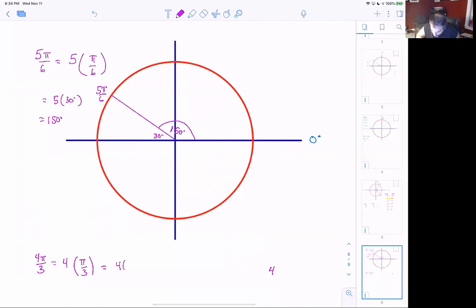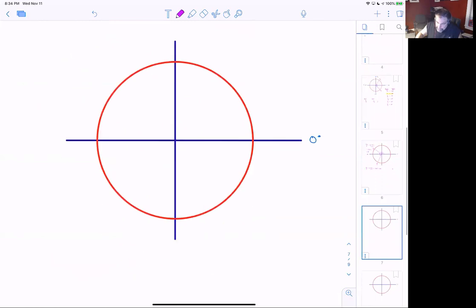So this is really going to be 4 60-degree angles, and that's going to get you 240 degrees. Well, 240 is going to go past our 180 mark, and it's going to go into the third quadrant down here, and this is going to be 4 pi over 3. It is at 240 degrees, which means my angle with the x-axis is going to be 60 degrees in there. Okay, so that's going to be my 4 pi over 3 angle.